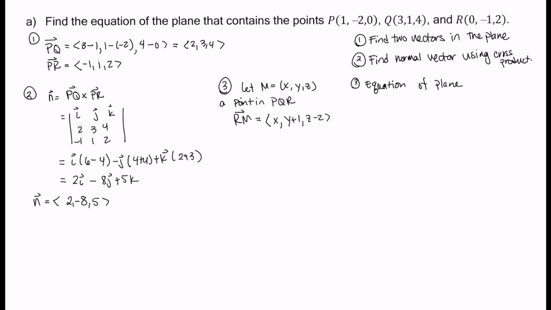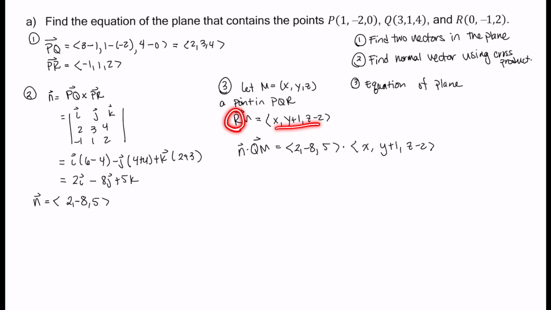And our plane is going to be the product of N with vector RM. So this is the dot product here. So I have 2, negative 8, 5 with x, y plus 1, z minus 2. And I want to stress I could have used any other point here.